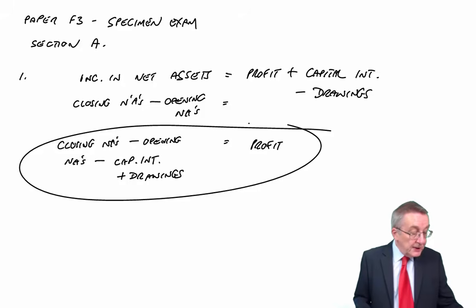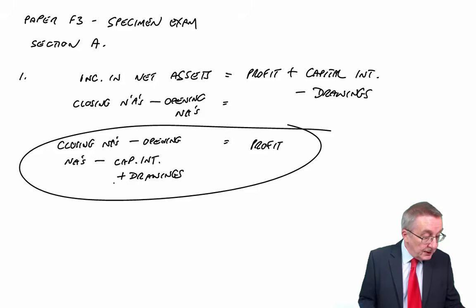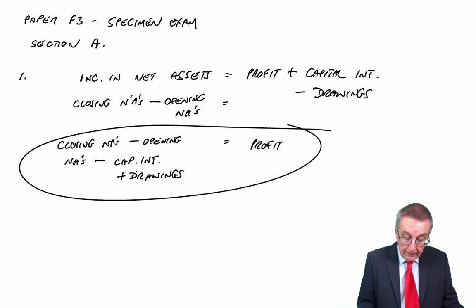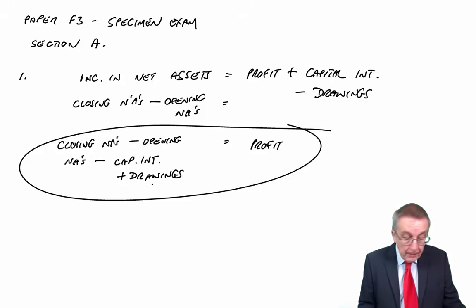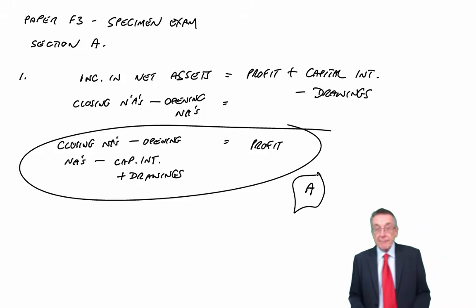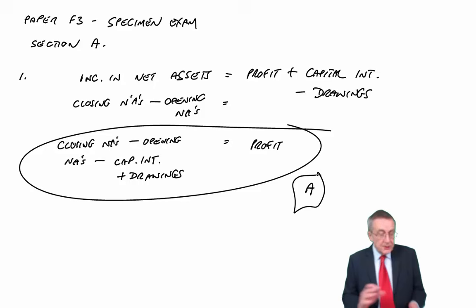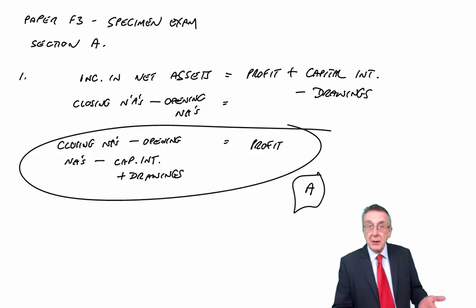It's the closing net assets minus opening net assets, so all of them have that in, minus capital introduced, A and C have that, plus drawings. Well, the answer is A. So it always takes me a few minutes to rearrange it, but as long as you don't rush too much and you're careful, that should be a relatively easy question.